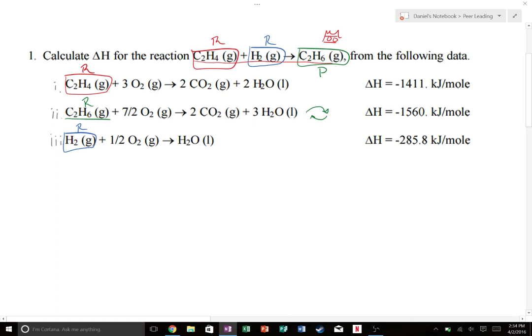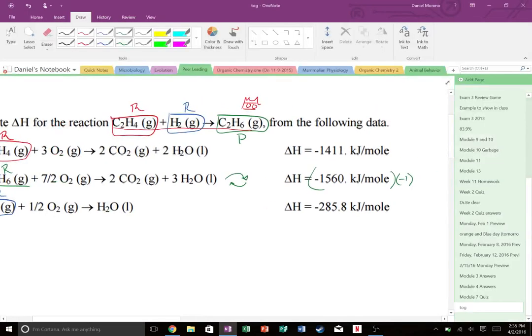We're going to rewrite this reaction and completely flip it around. A very important thing to do when you flip a reaction around is to also change the sign of its delta H. So we multiply it by -1, which will make it a positive 1,560 kilojoules per mole.